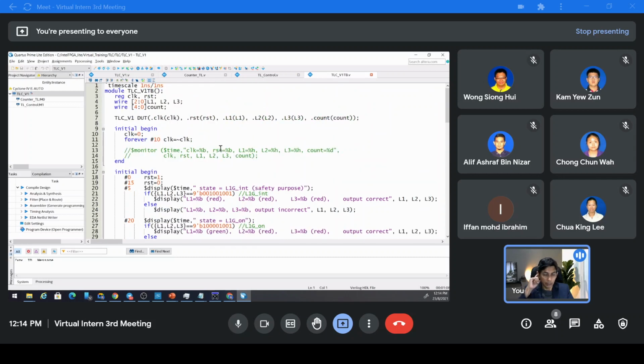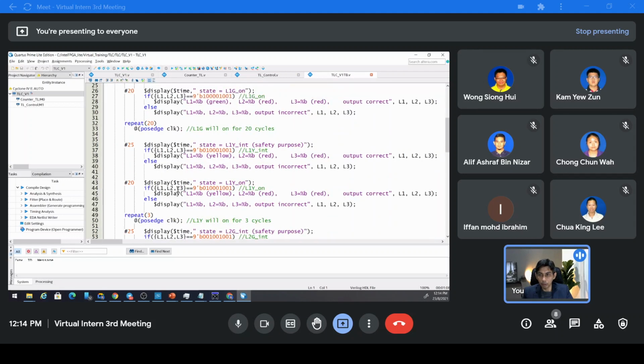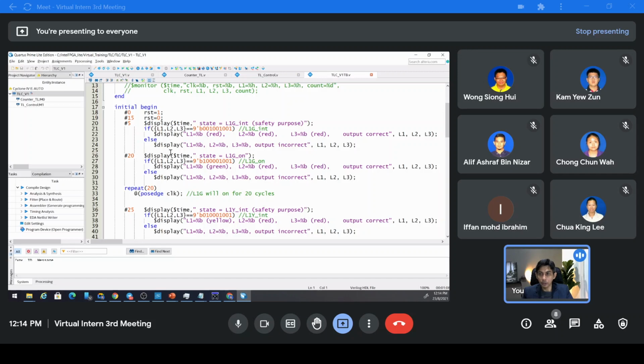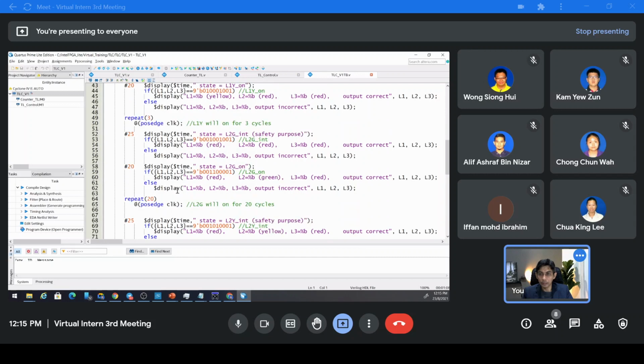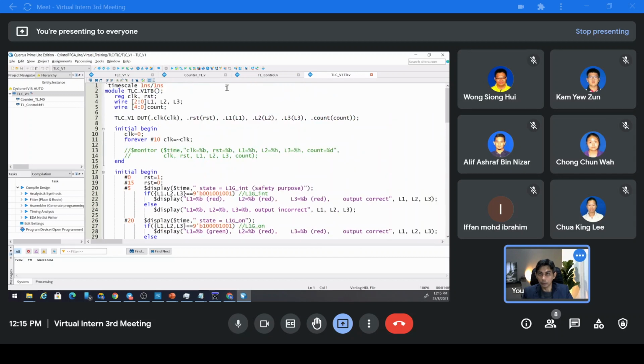The concept and the method are the same as what we have learned just now, so I will not explain here; you can go back and try to learn on your own. All right, so I want to simulate here so that we can see the output.